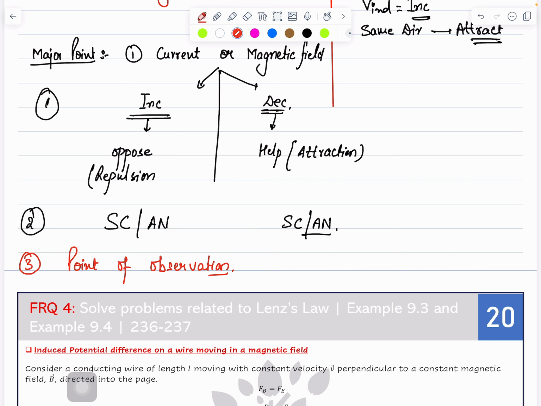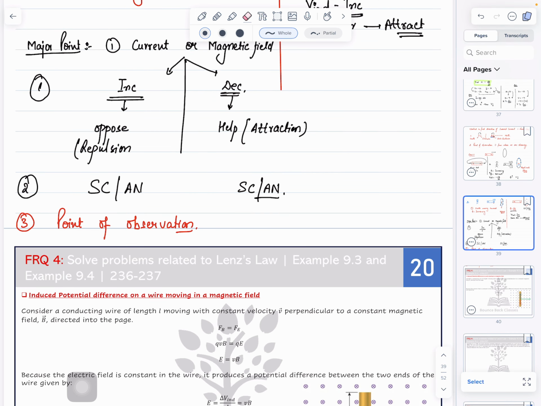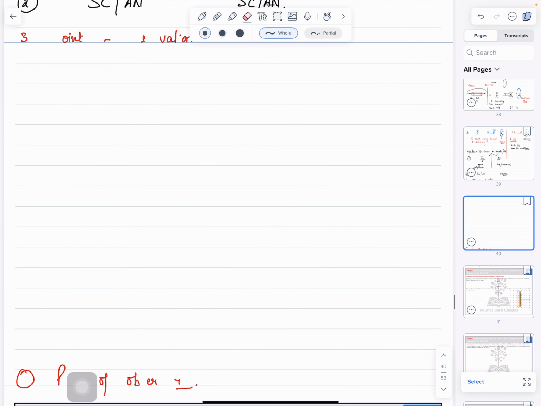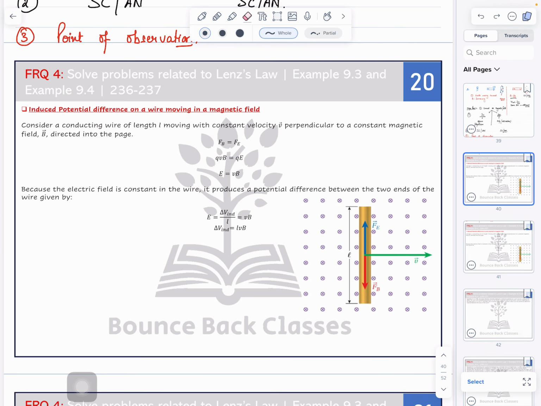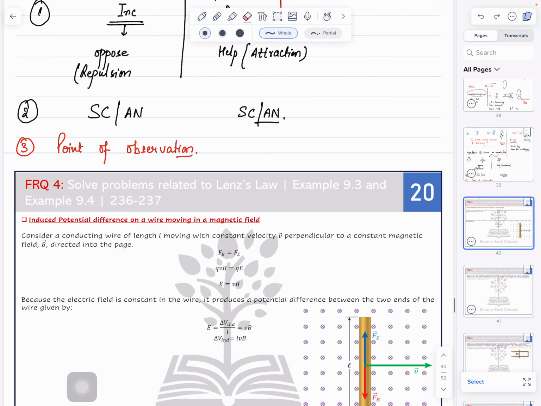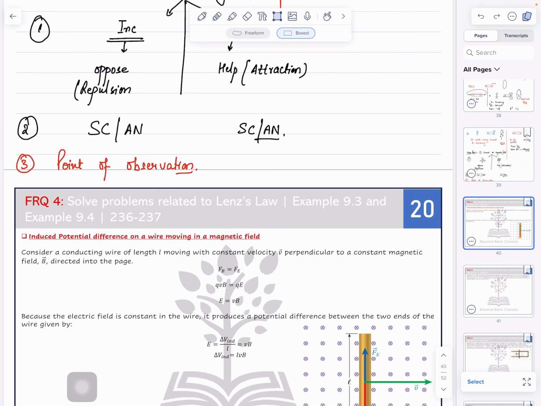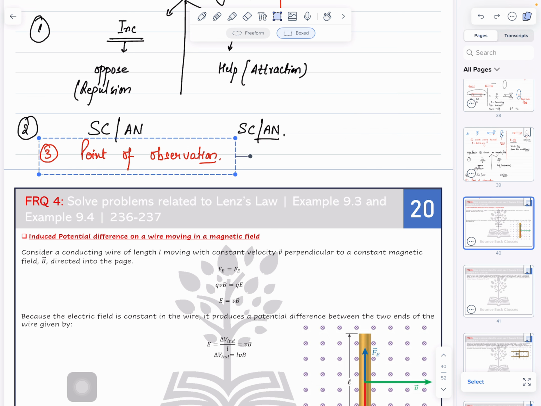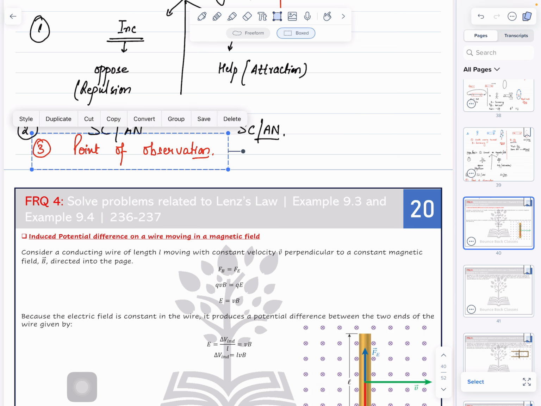Okay, take the same question. Okay, one step go back, and I will just remove this point of observation and write something here so that it will not move.